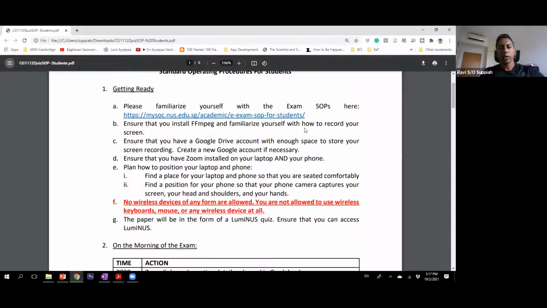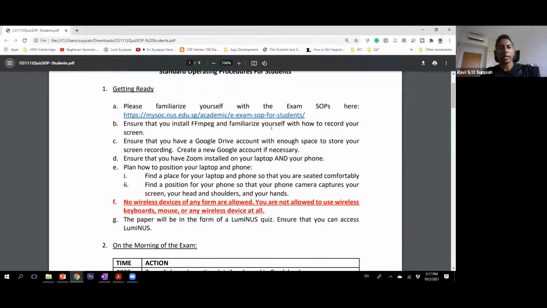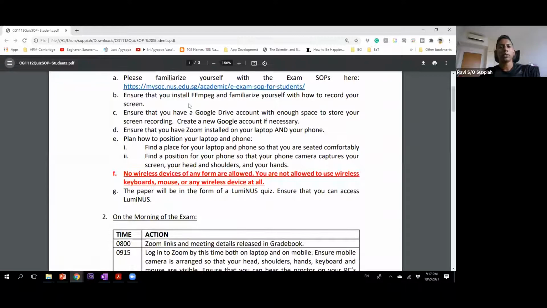Let me quickly go through the SOP for tomorrow. I hope you have gone through this. In this SOP, there is a link here, but I'll not go through the link. Make sure you have installed the screen recording software to record your screen, and make sure that you also have sufficient storage to save your screen recording.